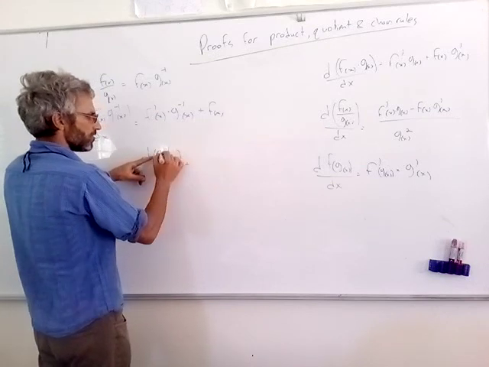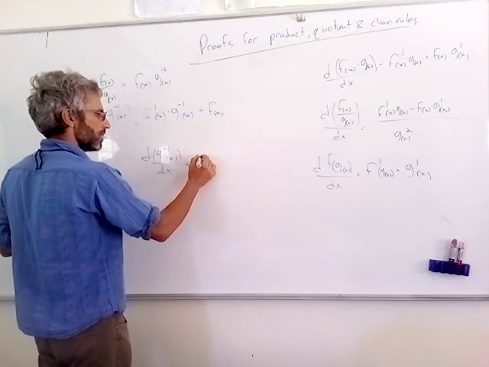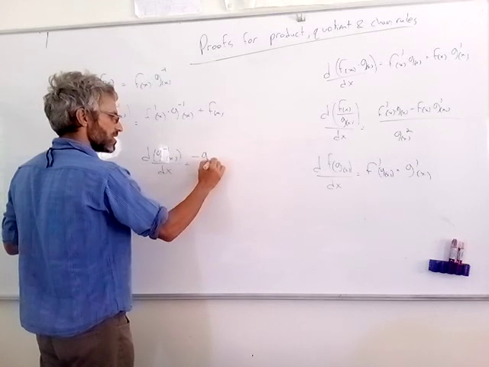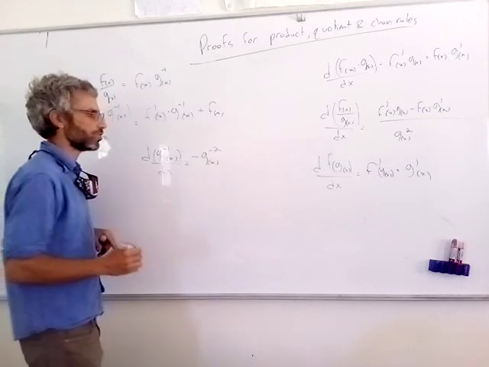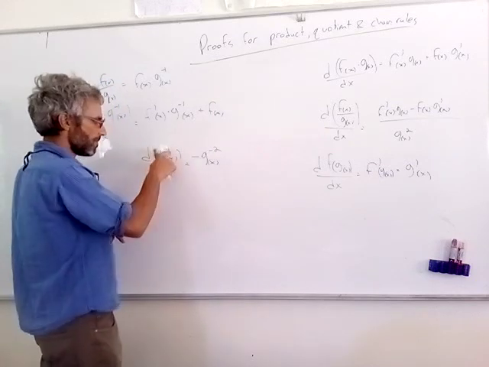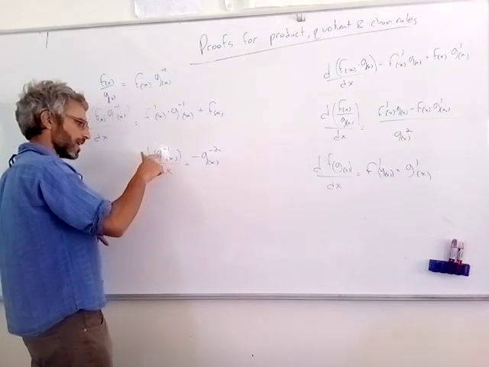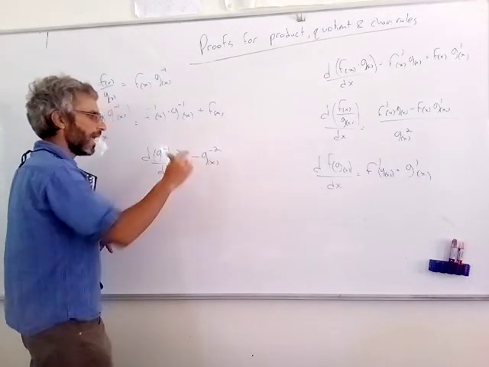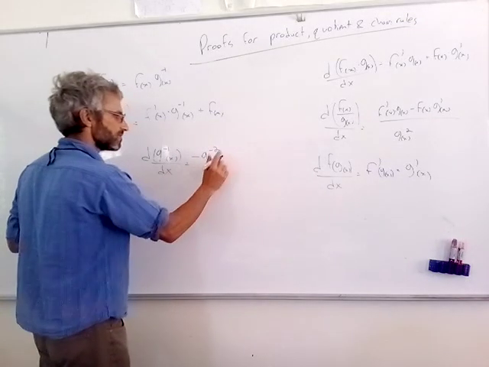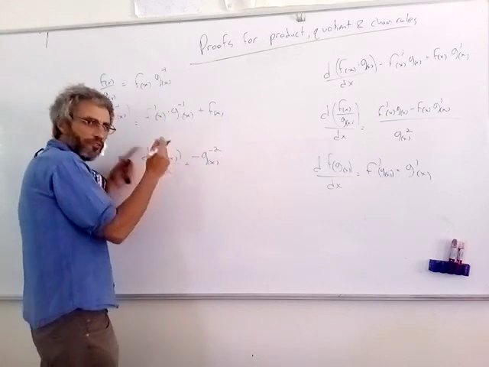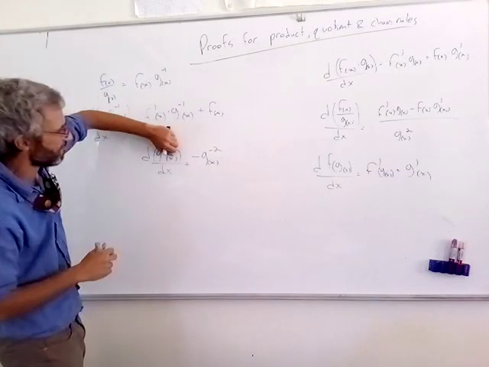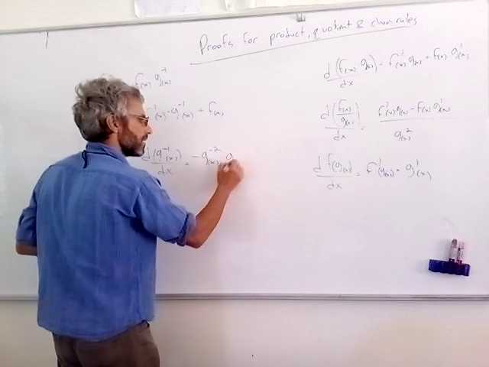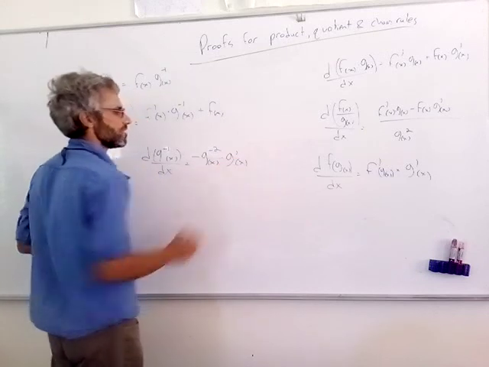What is the derivative of g to the minus 1? It's minus 1 comes out, times g to the power minus 2. And now I need to multiply it by the derivative of the inner function. What's the inner function? The inner function is g. So I'm going to times it by the derivative of g.